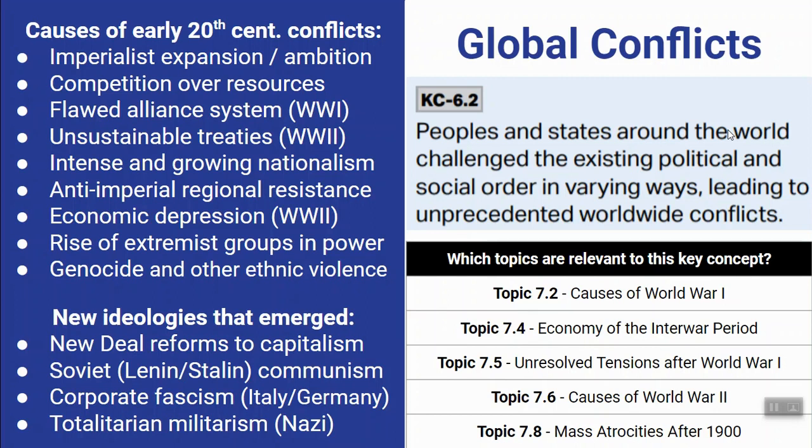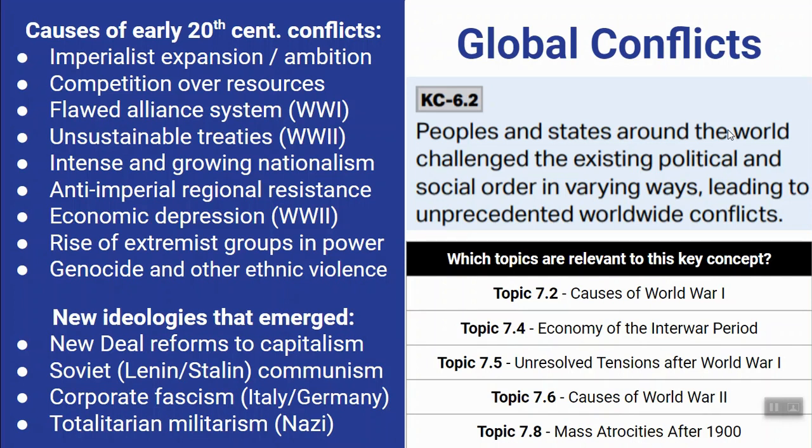Remember, out of both world wars and generally during the 20th century, you also had the rise of anti-imperial regional resistance movements, specific extremist groups that rose to power and committed atrocities, and those atrocities included genocide and other ethnic violence. New ideologies that emerged during the 20th century were reforms to Western capitalism, which were encapsulated in FDR's New Deal.